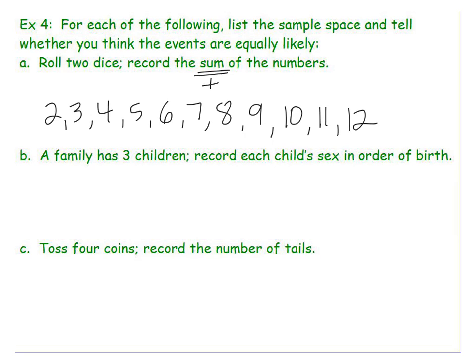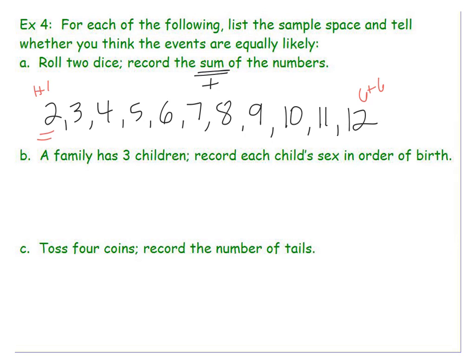So we need to know, does every single one of these sums have the same chance of coming up? The answer to that is no. And here's why. This number 2 right here, the only way to get a 2 is 1 and 1. There's no other possibilities. Same thing with 12. The only way to get 12 is 6 and 6. However, I'm going to use 8 for example.